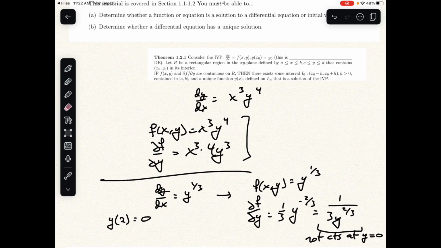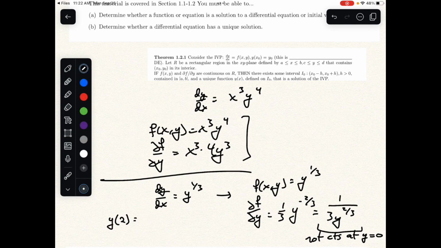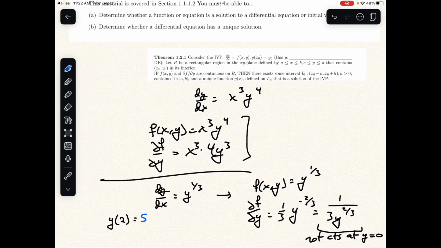But if you were to change the problem to, say, y of 2 equals 5, then this would have a unique solution. And in general, if you're looking for a region where any point is going to give you a unique solution, you have two choices.